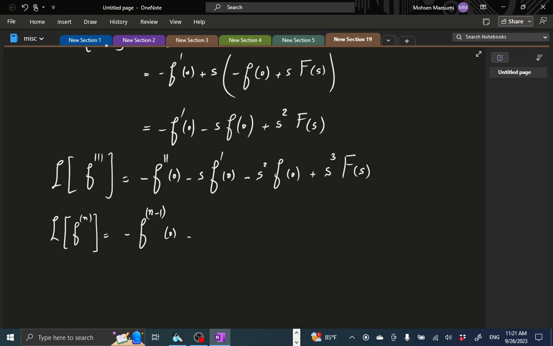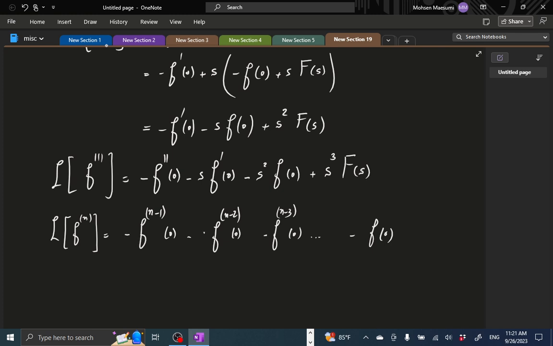Then there's another negative, f^(n-2) at 0, and then f^(n-3) at 0, and so on it goes all the way down to f without any derivative at 0.